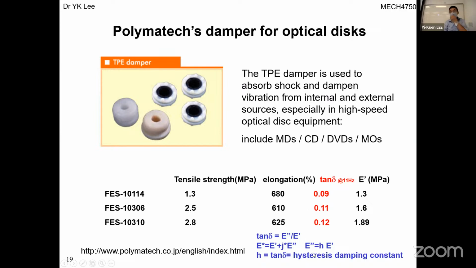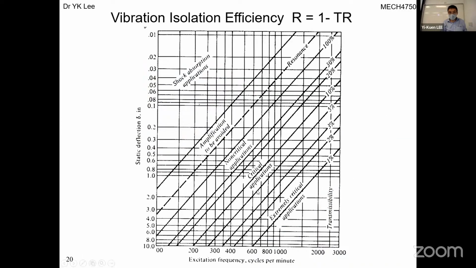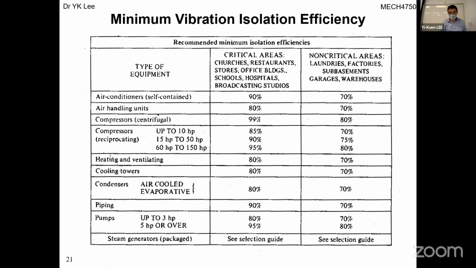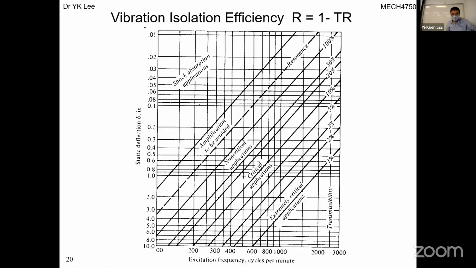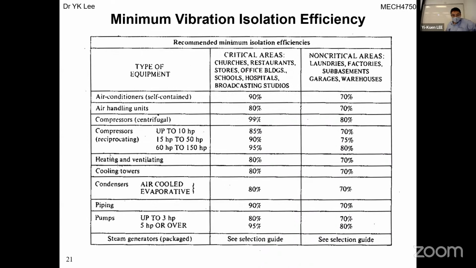I think we mentioned this in chapters 2 and 3, which relates to material damping. And of course, we mentioned vibration isolation efficiency in the previous chapter. Now we give you the typical vibration isolation efficiency for different machines.